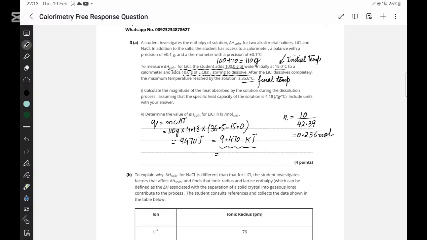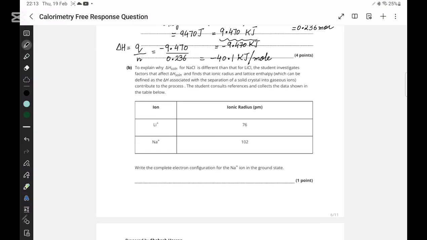Why? As this heat has been released, it is minus 9.470 kilojoules, and delta H is equal to Q divided by n, the number of moles. So Q is minus 9.470 divided by 0.236, so it comes out to be minus 40.1 kilojoules per mole.